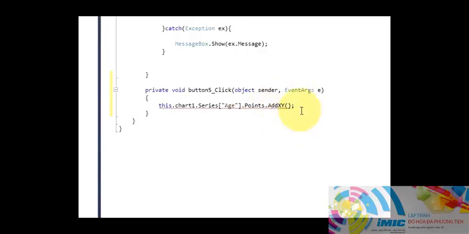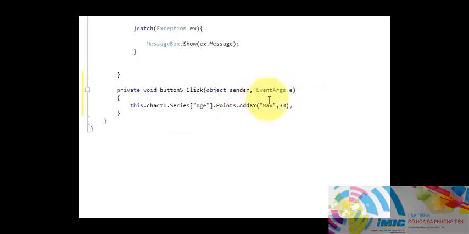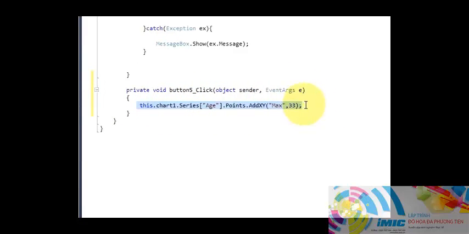So here we are going to pass two values. One is the name on the x-axis, so for example, double quotes Max, comma, his age 33. Okay, so this is the first bar of your chart.